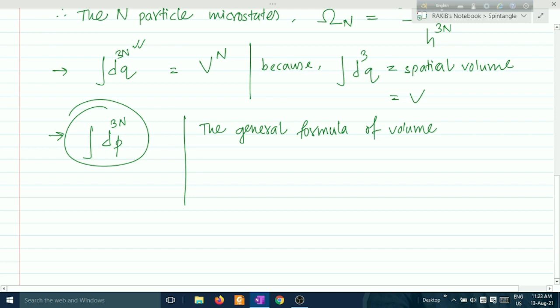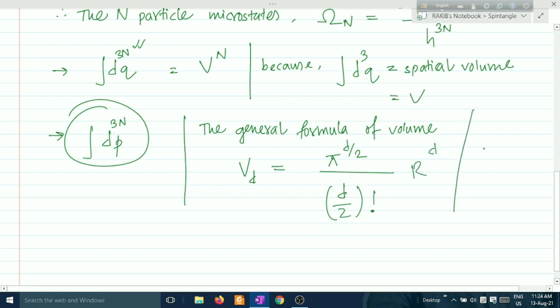If the system is in d dimensions, here d is the dimension, the volume is pi to the power d by 2 upon (d by 2) factorial, times r to the power d.